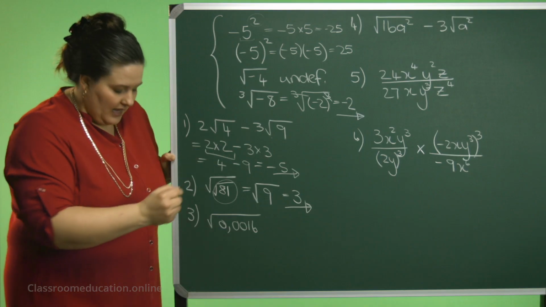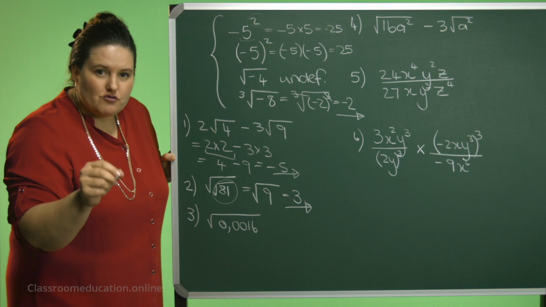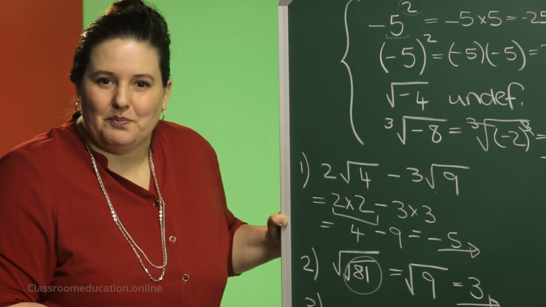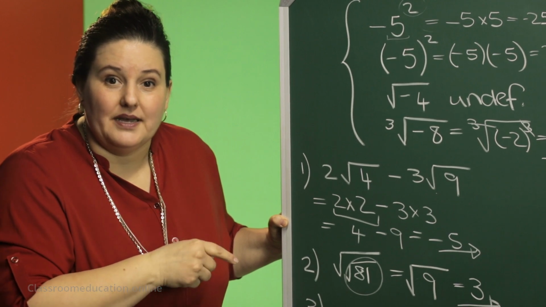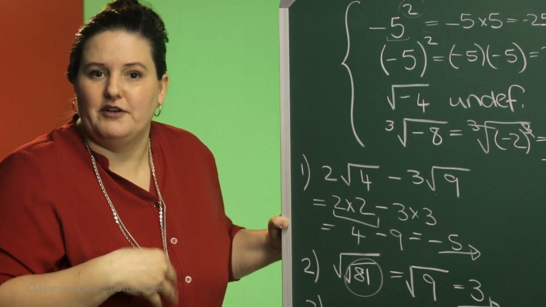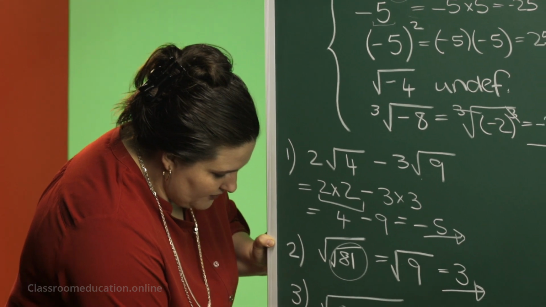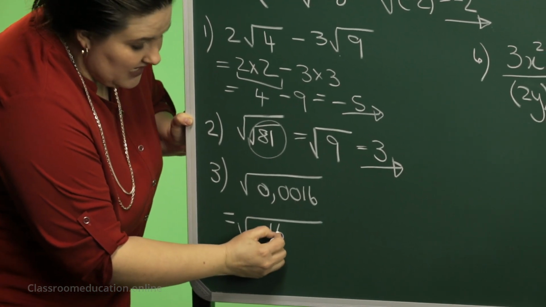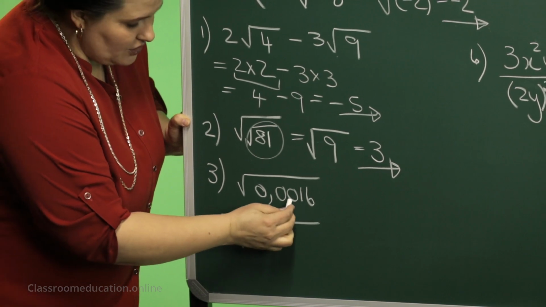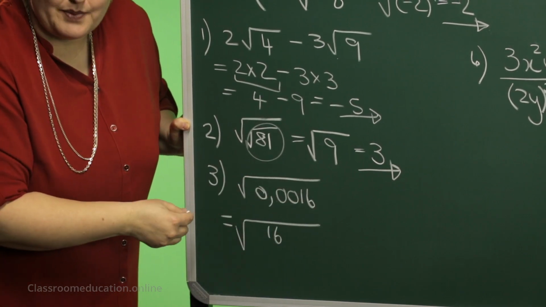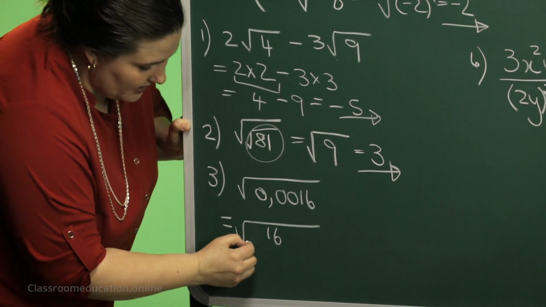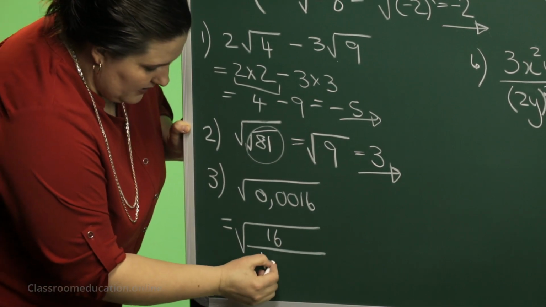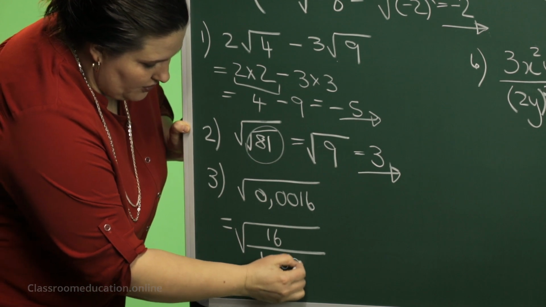Number 3. I have the square root of 0,0016. My suggestion will be take your decimal number and write it as a common fraction. So I have the square root of 16. And what there? 1, 2, 3, 4. It's 4 places behind my comma, 4 decimal places. So I will have 4 zeros in my denominator. 1, 2, 3, 4.